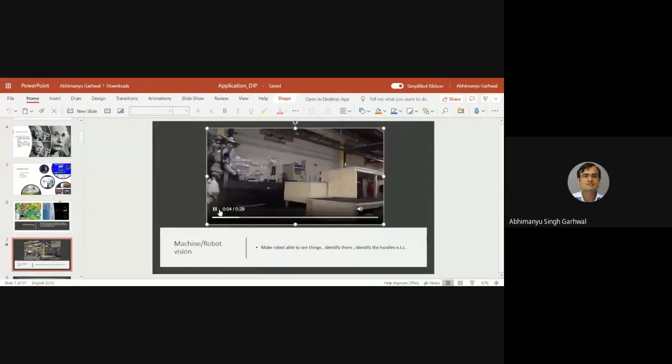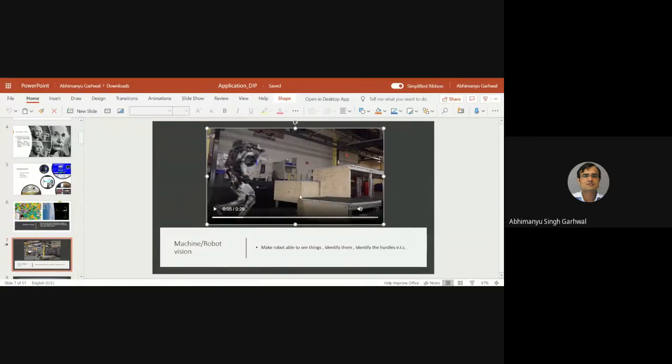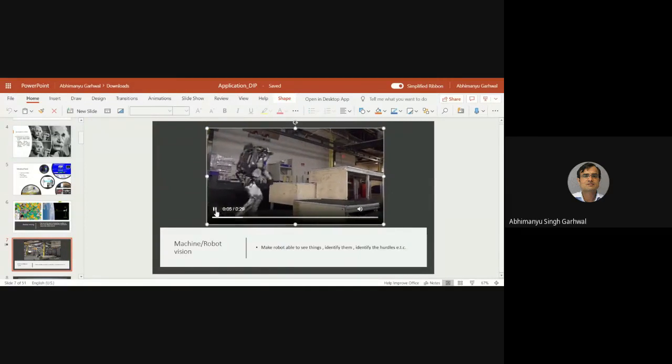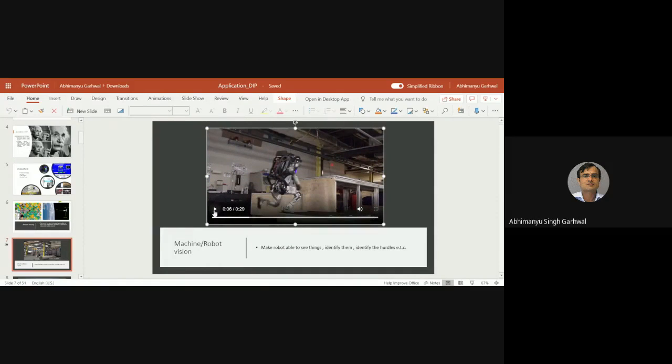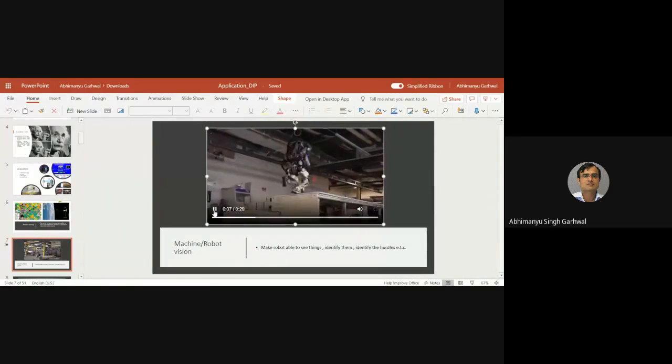Like, he jumped in this way. Now he found another obstacle, so another image is captured, the same process is repeated, and he took the action. Then the next image, then the next image.